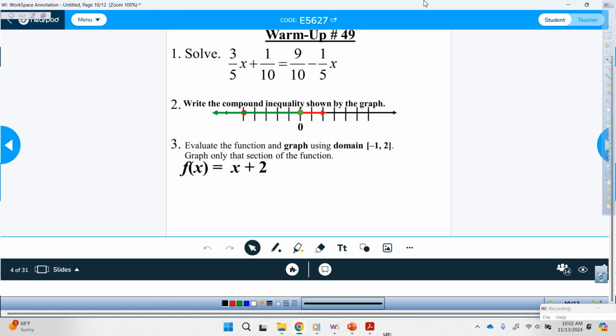For the sake of time, number one, what'd you get for X? Go with Caitlin. X equals what? 1. Hands, have you got that? That is correct. Let's go. From the corner. Number 2, solution set of X such that what?